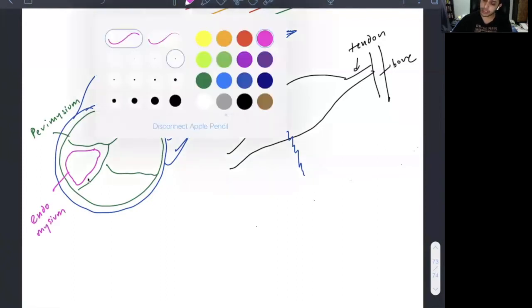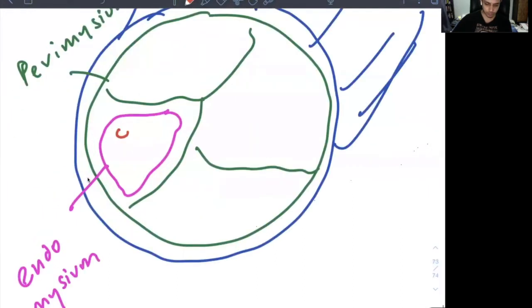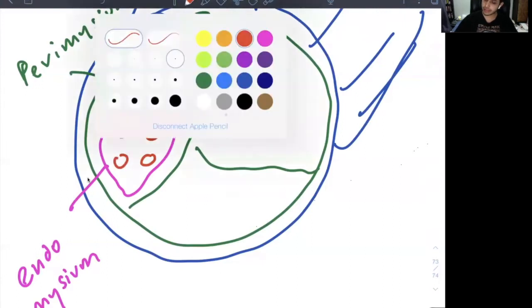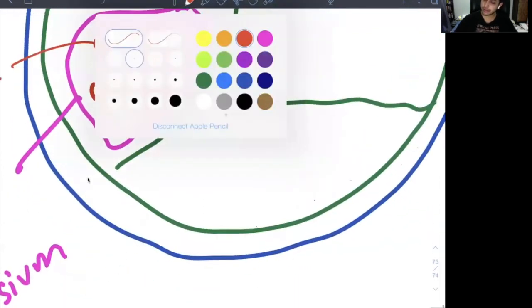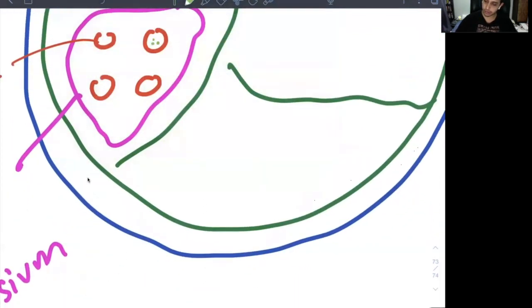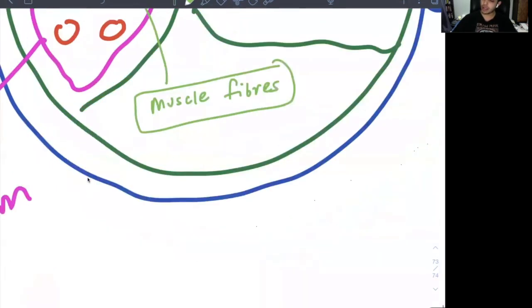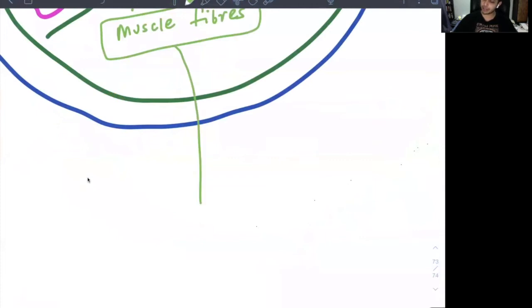And within the endomysium, you have muscle fascicles. And within the muscle fascicles, you have muscle fibers. And within the muscle fibers, you have myofibrils.